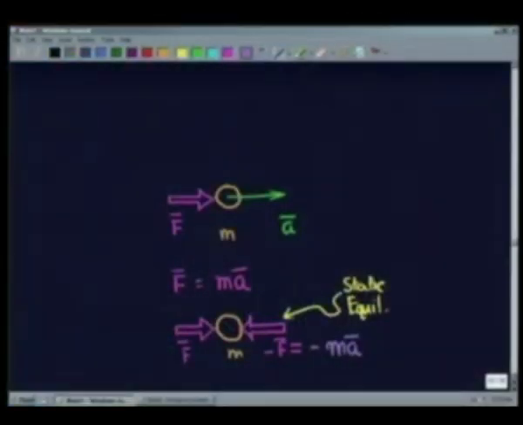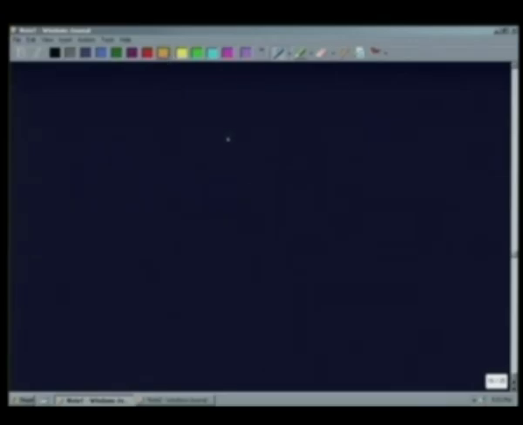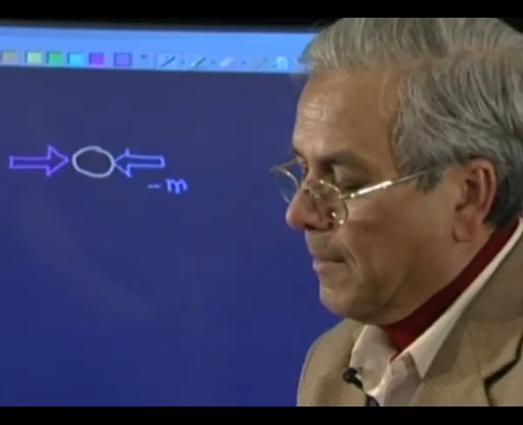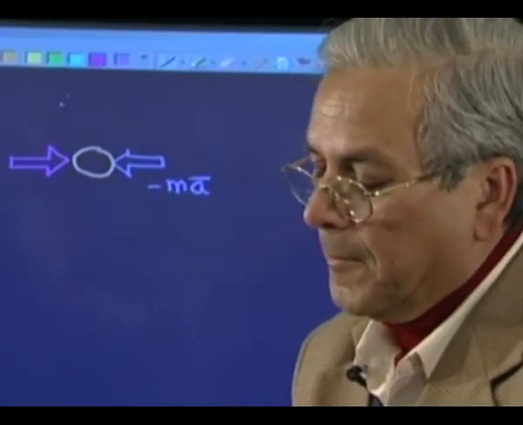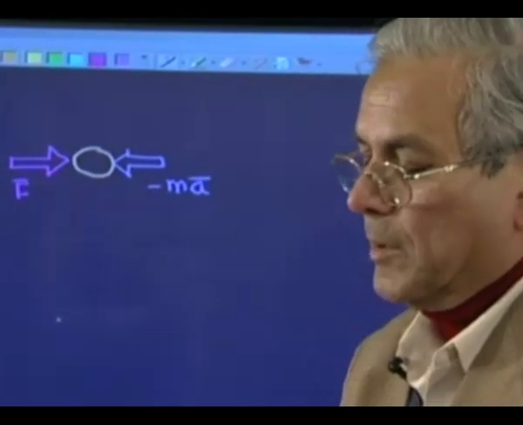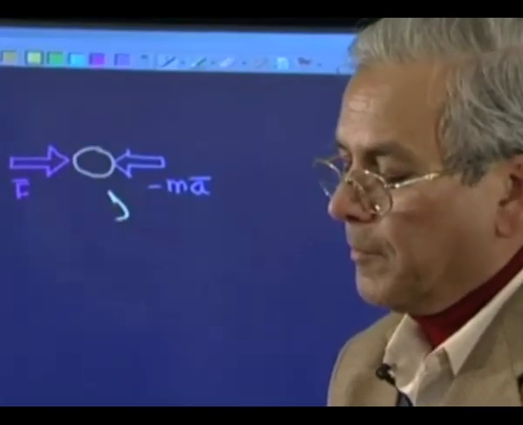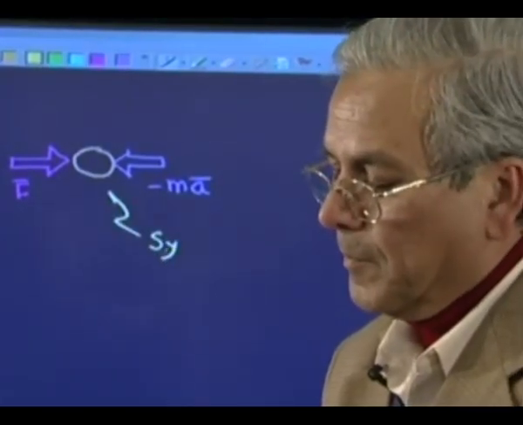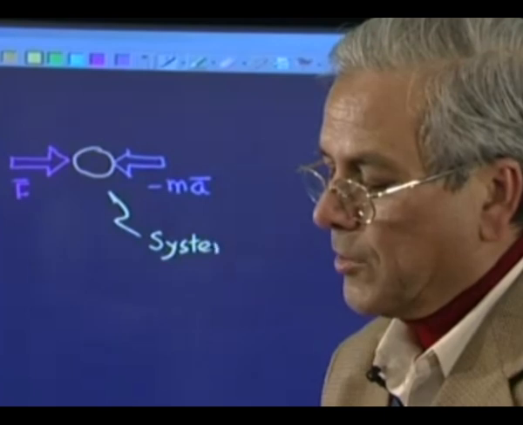If the particle is acted upon by a force F and another force minus ma, this system, or the particle, will be in static equilibrium.